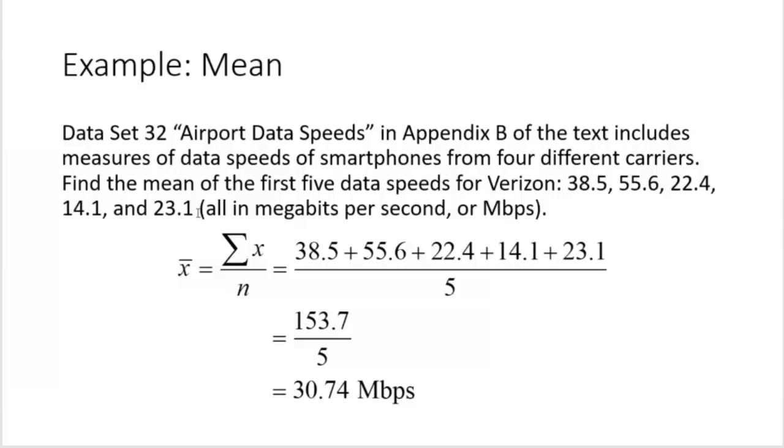If we have these 5 numbers and we want to find the mean, we add all 5 of the numbers and then divide by 5. Notice that all of the numbers we added had 1 decimal place, but our answer has 2. Just keep that in mind. We're going to talk about rounding later.